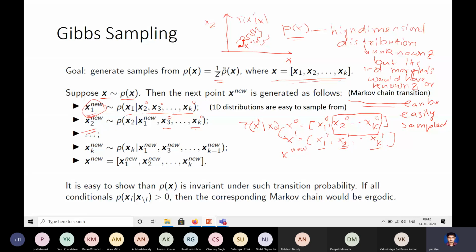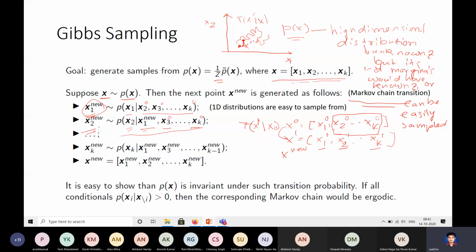They are fixed. X2 is a variable that I generate according to this conditional distribution. Once I generate it, I have another part of the new transition, which is x2 new. Now go to x3, up to xk new.